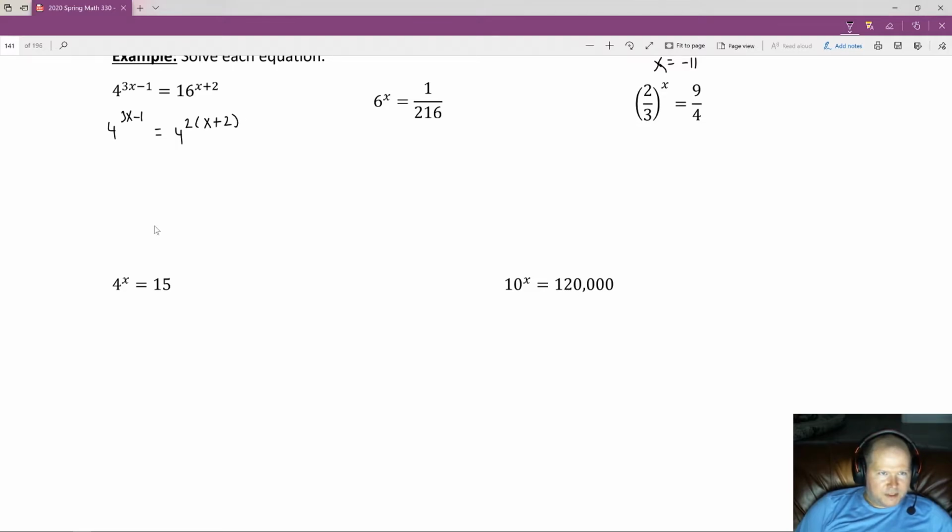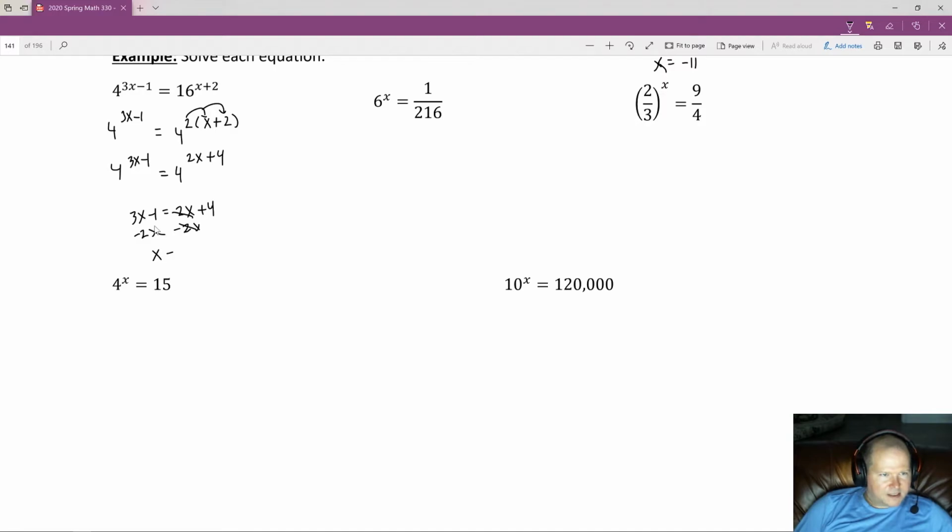Okay, we could just do this instead. We distribute the 2, and end up with 4 to the 3x minus 1 power is equal to 4 to the 2x plus 4. 2 times x is 2x, and 2 times positive 2 is 4. So 3x minus 1 must be equal to 2x plus 4. Minus 2x, those cancel.